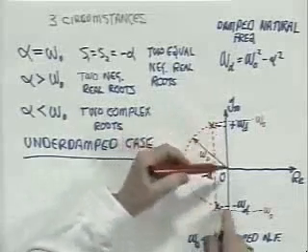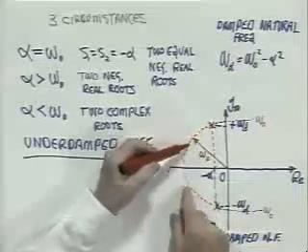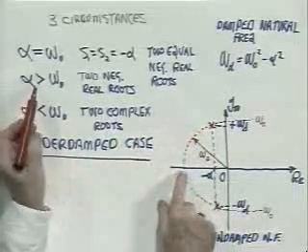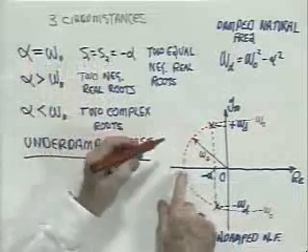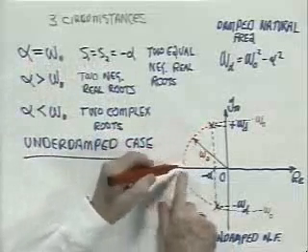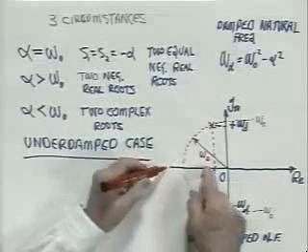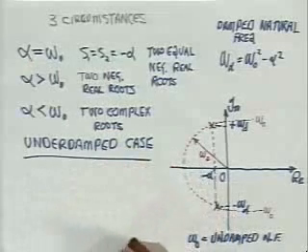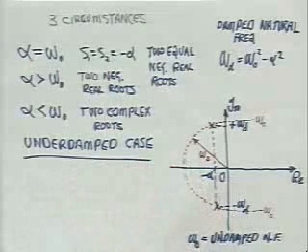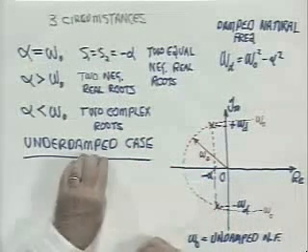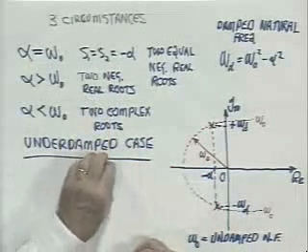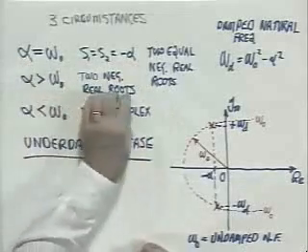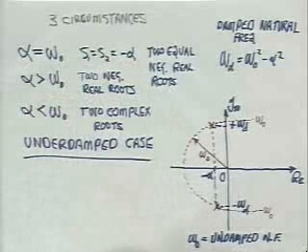If I make alpha bigger and bigger, these roots move down until they converge. And when the two converge at this point, that is the critically damped case. If I keep making alpha larger and larger, one root moves in and one moves out along this negative imaginary axis. But the case we care about here is the underdamped case with the pair of complex roots, leaving aside this first situation called critical damping and the second situation called overdamping.